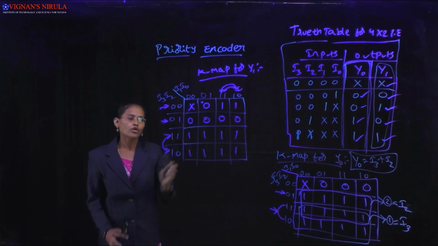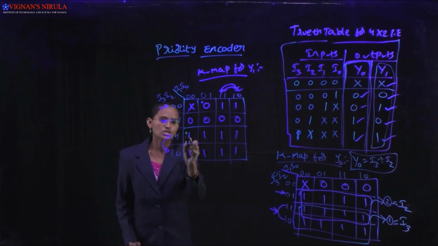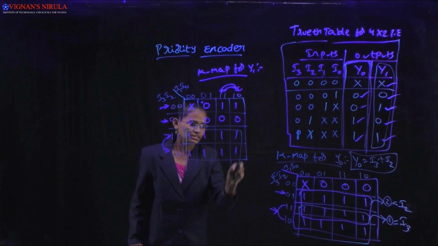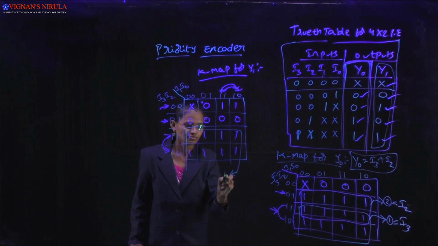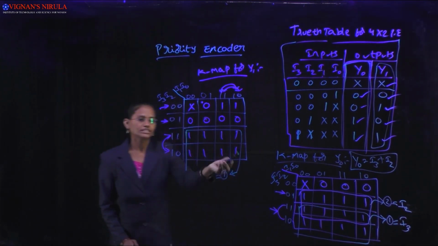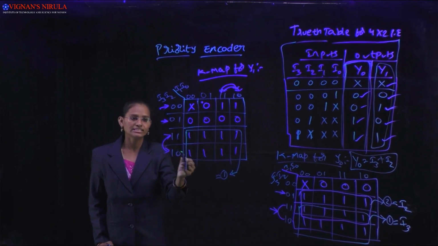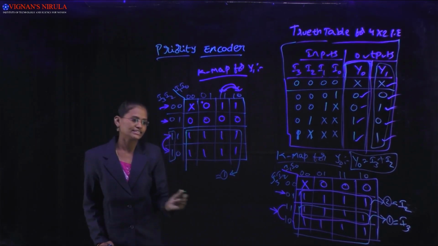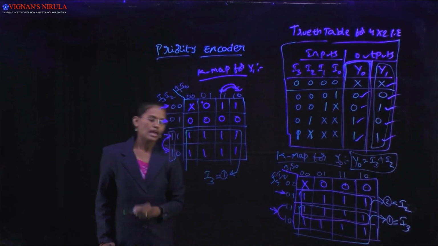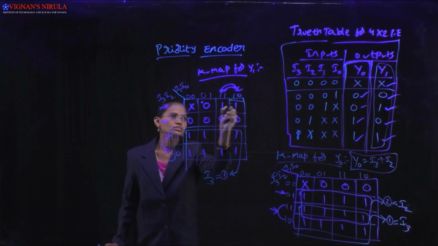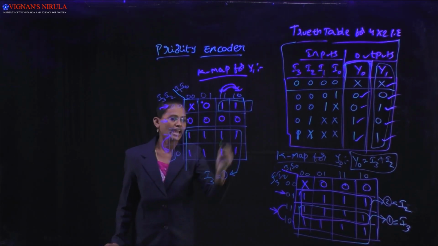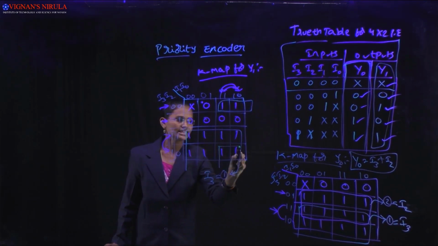Here we do the grouping. The first group is this one. What is the equation here? 1, 1, 1, 1. The common variable is I3. And the next group is cells 2, 3 and 6, 7.